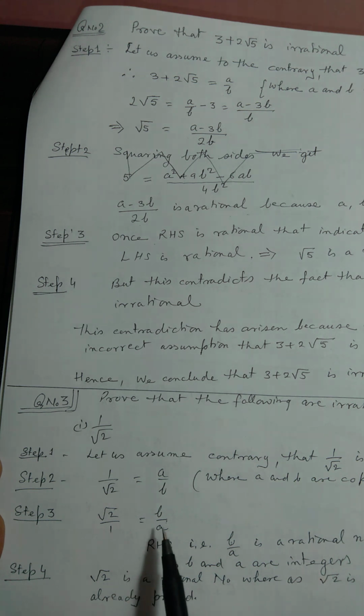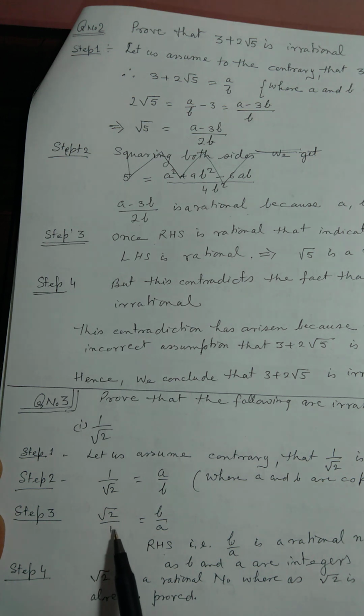Hence, once the right hand side is a rational number, the left hand side should also be a rational number. Root 2 is a rational number, whereas root 2 is irrational, already proved.